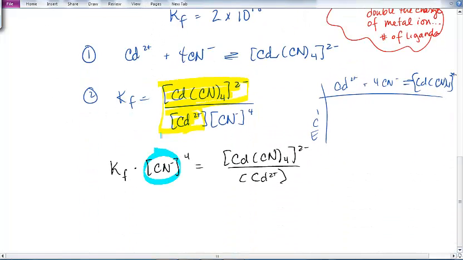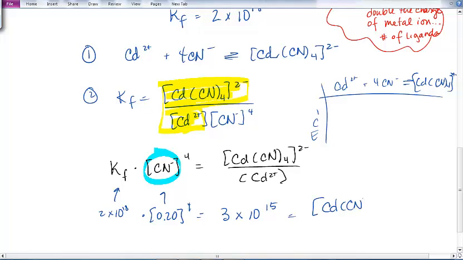Well, that's this number. So I can make my life really simple because this is 2 × 10 to the 18th. This is going to be that 0.2 molar to the 4th, and that is equal to 3 × 10 to the 15th.